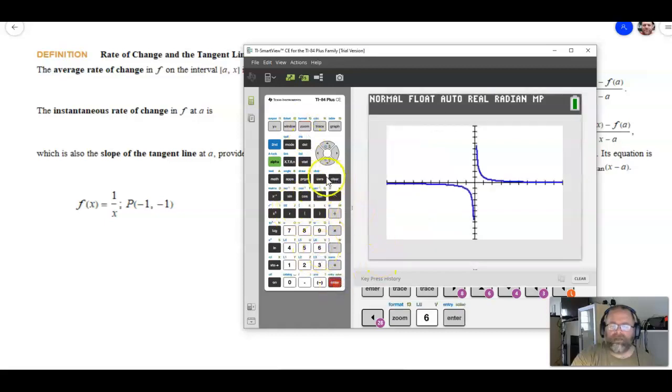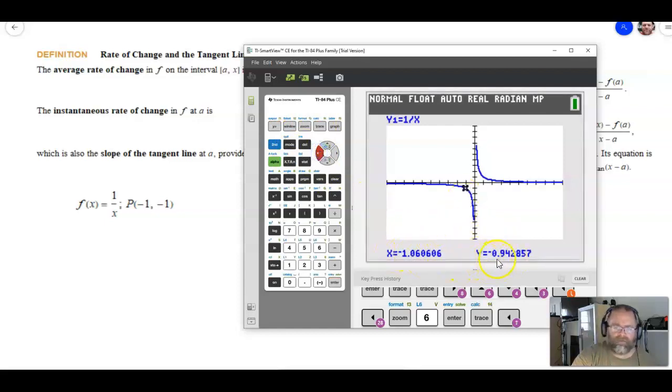I don't know if that helps that much, but once again, trace, and we'll try to get real close to that -1. And of course, the y is -1. We already know that. But if I'm looking at the slope of the line there, it's going to be going from upper left to lower right. So I should get a negative value for the slope.